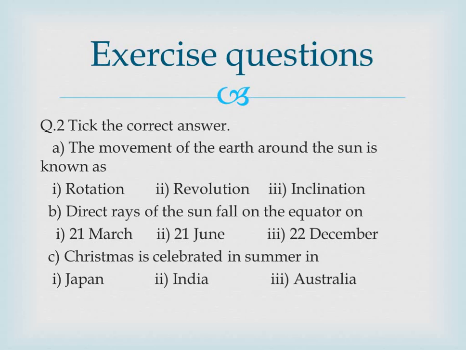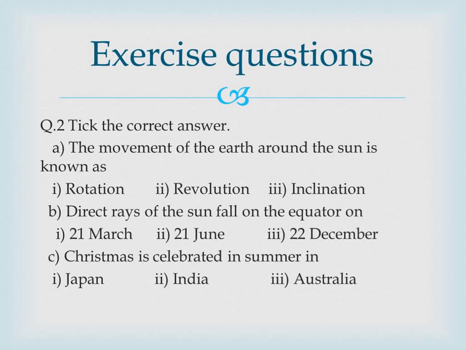Now, some exercise questions. Choose the correct answer. First, the movement of the Earth around the sun is known as revolution. Direct rays of the sun fall on the equator.